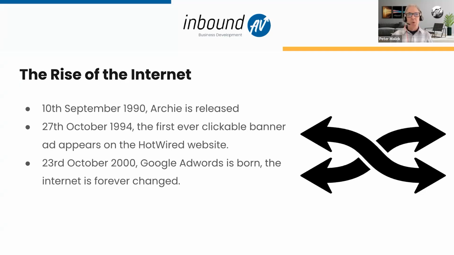Google AdWords is born, and that changes the internet forever. It changes the internet forever because you had the ability to buy ads and pay by the click, based on how many people clicked on that ad, and also get feedback from Google about what type of people were clicking, eventually, as this data matured.